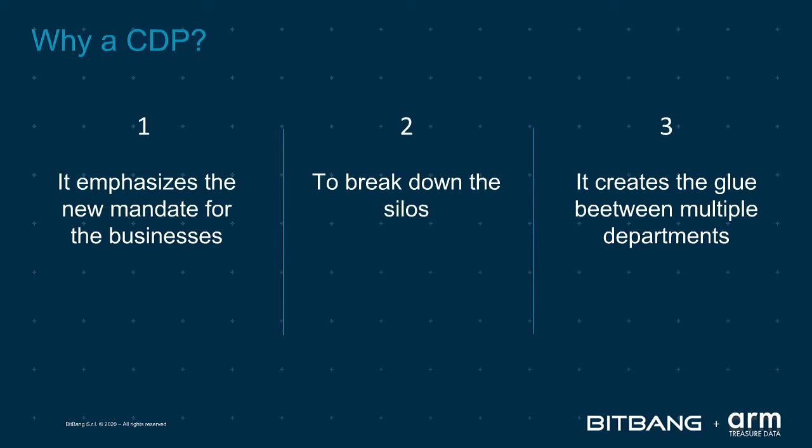Finally, I consider a CDP a sort of glue, a sort of connector between departments. It could deliver value by acting as a glue between multiple functions, multiple departments, because all of them do have the same mission of customer obsession.